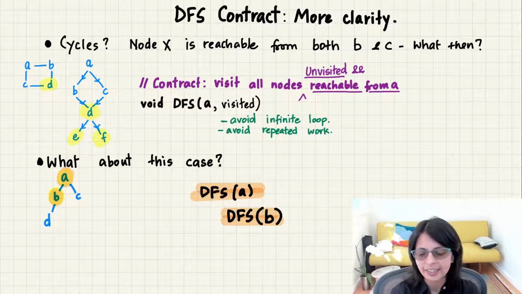Because we are saying visit all nodes unvisited and reachable, but that's not what we are doing.